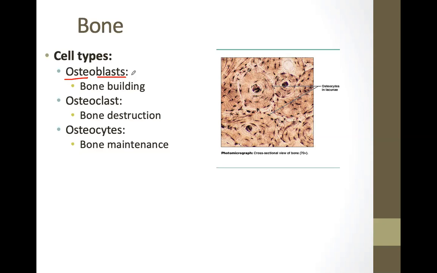Opposite of the osteoblast, when these are building bones, what are osteoclasts going to do? Destruction of the bone. And these are really important, guys, for helping you balance your calcium level in your bloodstream. Have you heard of the medical condition called osteoporosis?